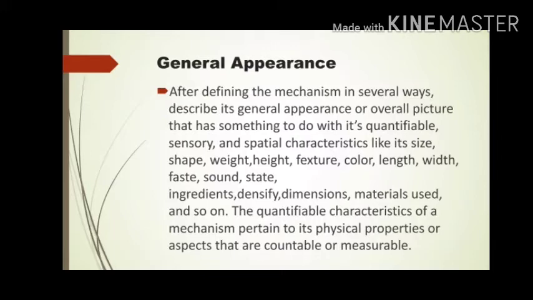Your main focus here in general appearance is that you must make your readers understand or picture out the characteristics of your chosen mechanism. That is also why it is preferable to describe your mechanism in quantifiable terms or through its physical aspects for the pure understanding of your readers.